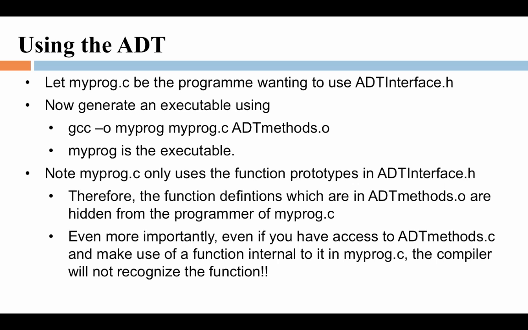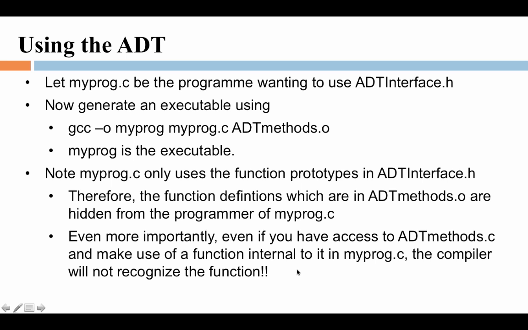Even more importantly, even if you have access to ADT_methods.c, and if you try to make use of a function internal to it in myprog.c, the compiler will not recognize that function. When you compile myprog.c, if you end up using a method which is defined inside ADT_methods.c, the compiler will not recognize it. Therefore, it forces you to use only the function prototypes that are present in the interface.